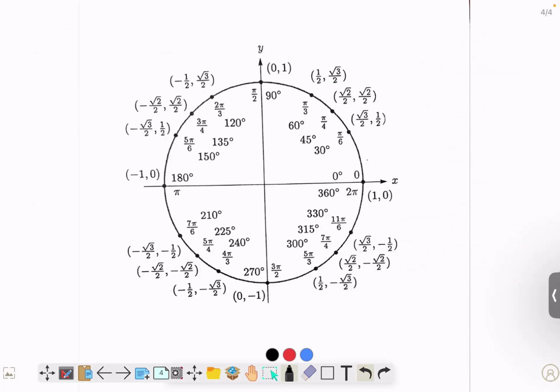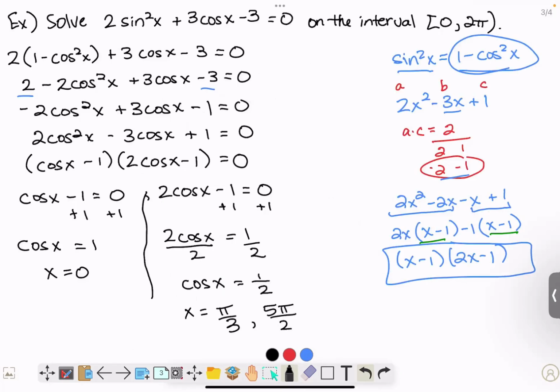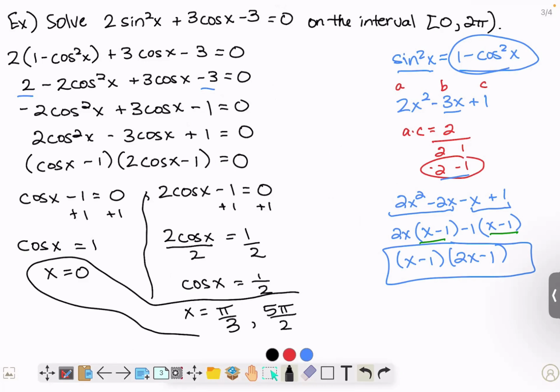Cosine is 1/2 right there, and it is 1/2 again down here. Because they gave me the interval, just those two are my solutions: pi over 3 and 5 pi over 3. So the final solution is x equals 0, x equals pi over 3, and x equals 5 pi over 3.